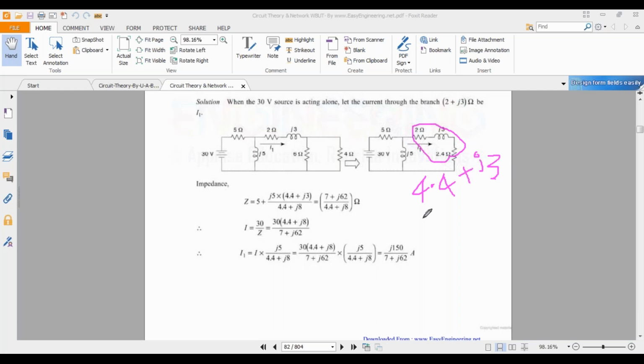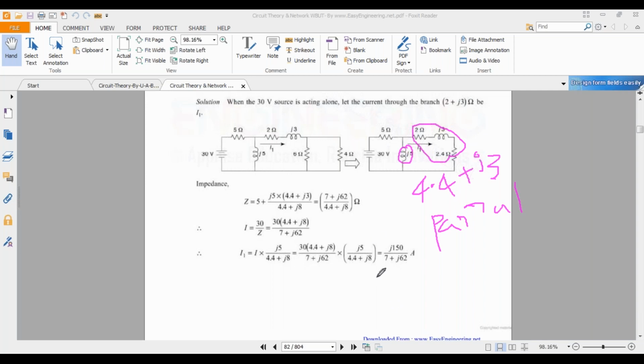Now this and this are in parallel now. J5 and 4.4 plus J3 are now in parallel. So their parallel equivalent is to be found. The parallel equivalent of these two is equal to this branch impedance and this branch impedance.